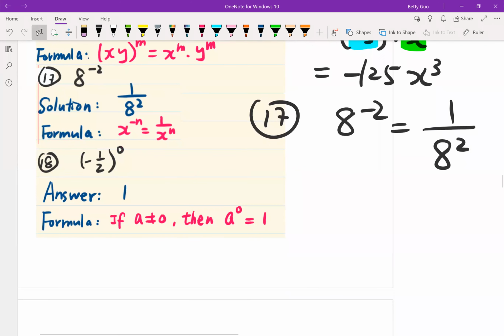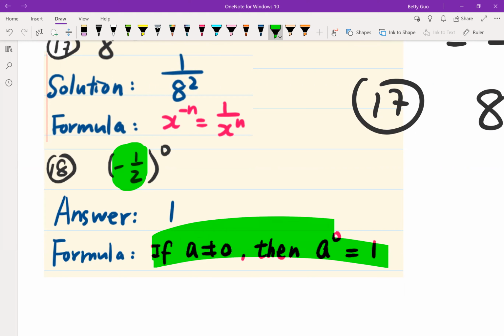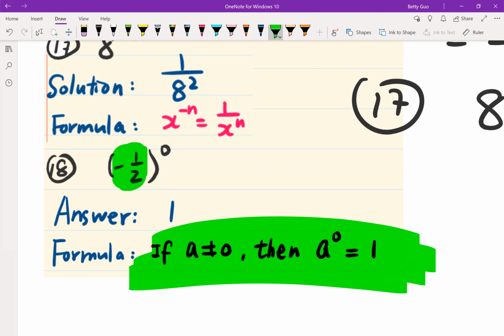Number 18. If we have a non-zero quantity, and the non-zero quantity is raised to the power of 0, what's the value of the power? Here, that's the formula. You need to focus on understanding the formula.